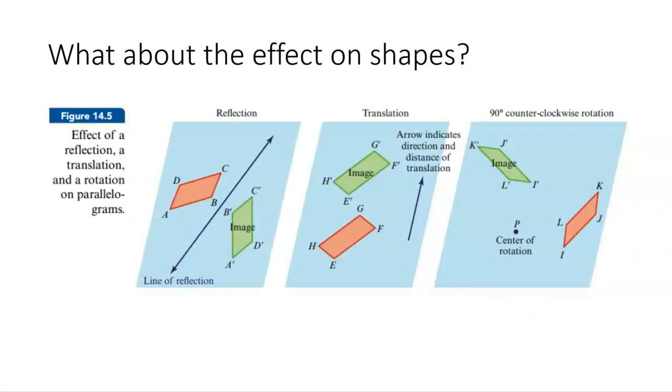All right. So what about the effect on shapes? Well, we've seen that, right? Before we saw the points, but now we're looking at the shapes. We can do the exact same thing we would with a point, because it's just a shape. It's just looking at those points individually. When we reflect, it's the distance from that line of reflection. When we translate, we take this distance and this length, and we do that with each point.